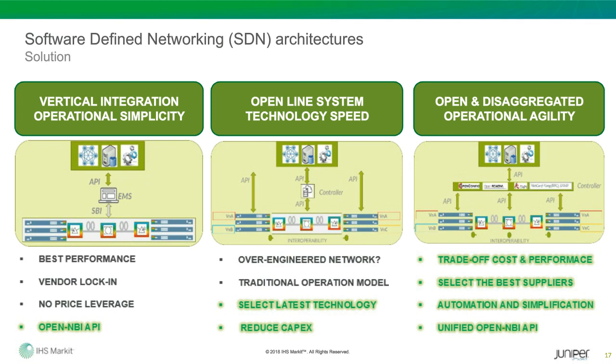That's the level of simplification that customers are looking for. And on top, it will provide some trade-off in terms of cost and performance. You can always select the best suppliers, and beyond the traditional optical vendor, you can enable a new generation of supplier, the innovators that are in the supply chain of the optical domain. Automation and simplification via a unified northbound API.